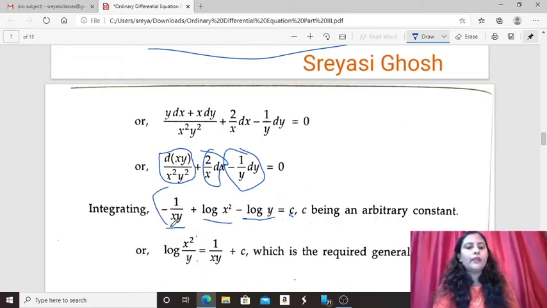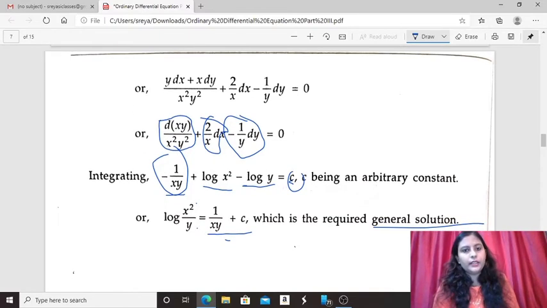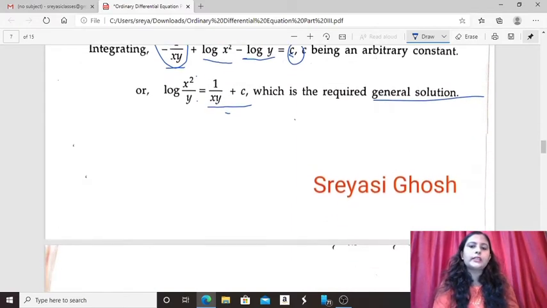And since we do not have a log over here and a log over there, we take these terms to the other side and get 1/(xy) plus c, which is the required general solution. Hope all of you got this very clearly. It's not that difficult to understand.